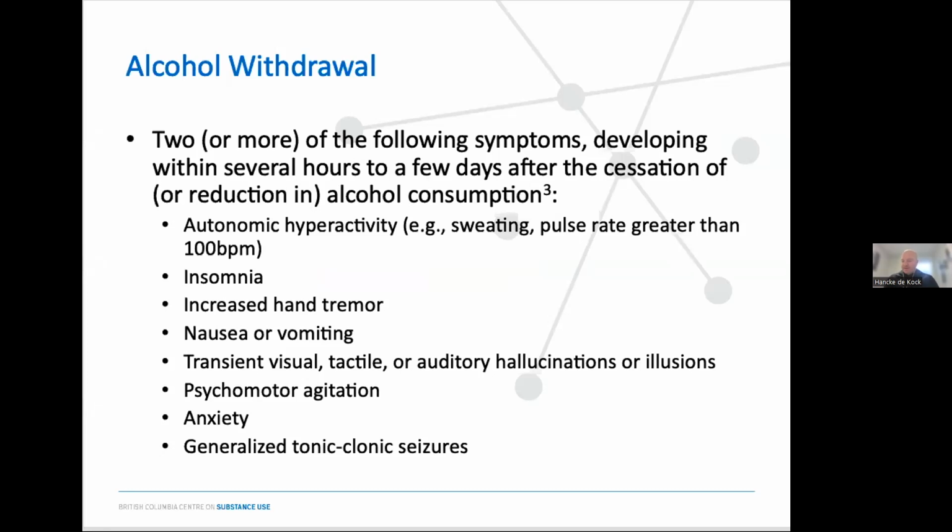So to meet the DSM-5 criteria, you have to have 2 or more of these symptoms present within a few hours to 2 days of ceasing alcohol.